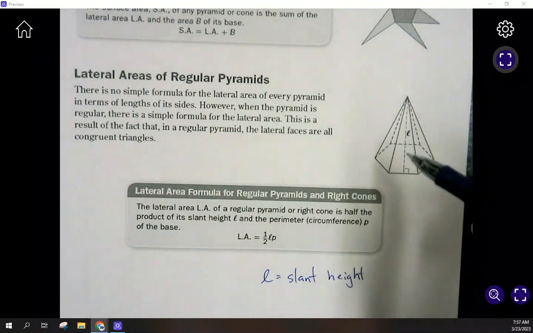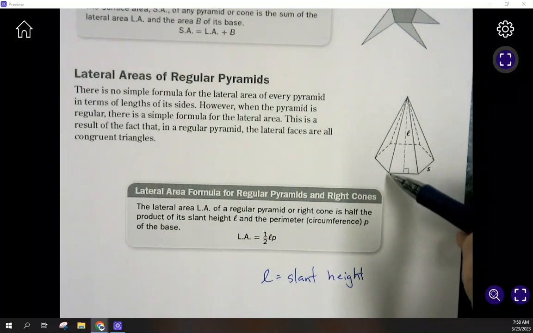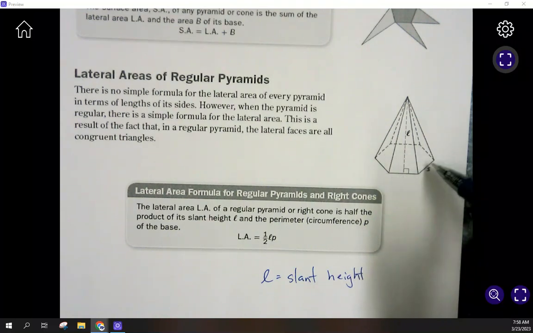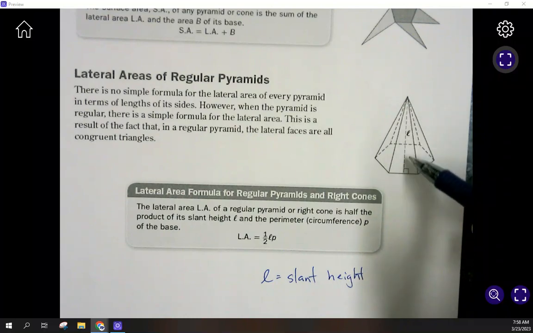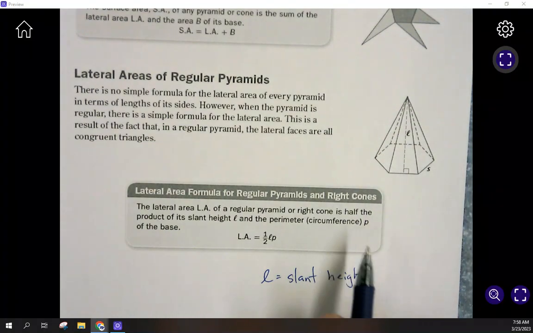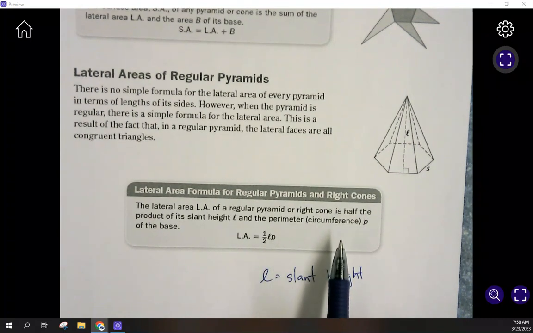And remember, if this is a regular pyramid, all of these triangles are going to be equal to each other because all of these sides of, in this case, the hexagon at the bottom are the same. So you're going to have 6 equal triangles. The slant height is the height of one of those triangles. It's not the height of the entire three-dimensional shape. And then we know P then is perimeter.